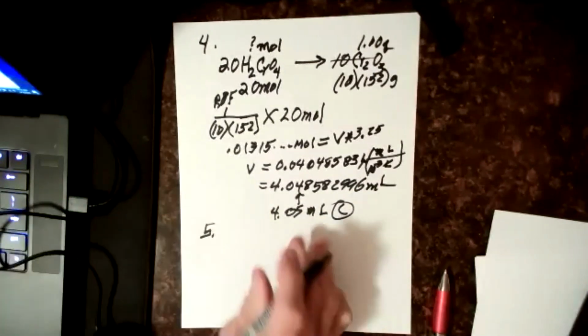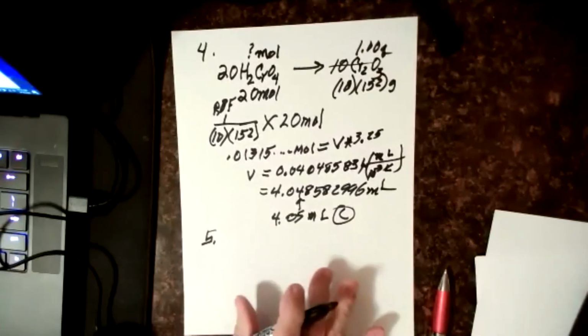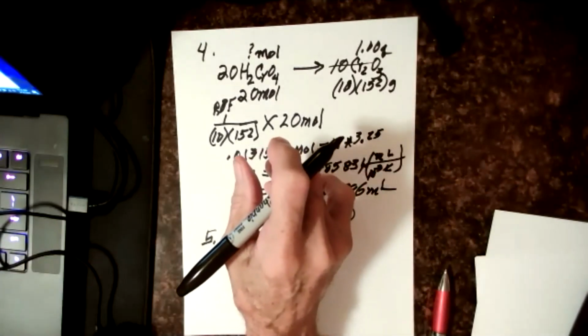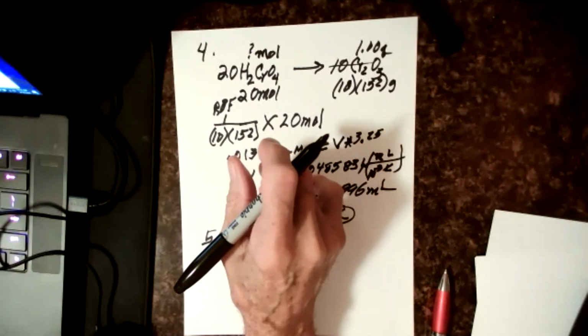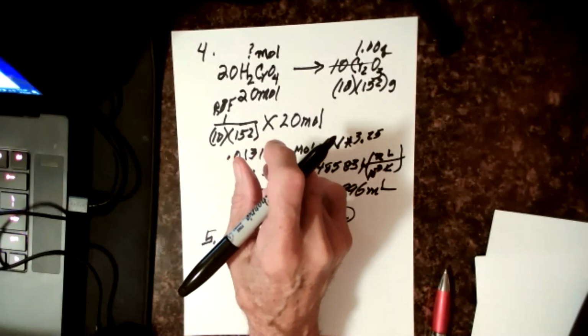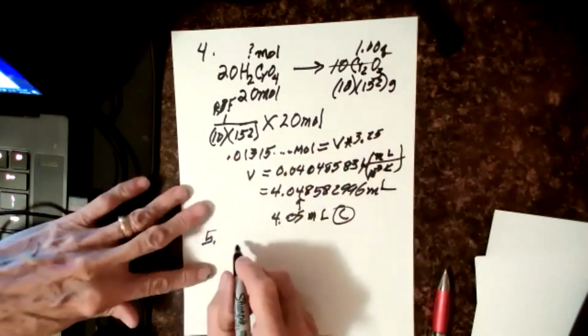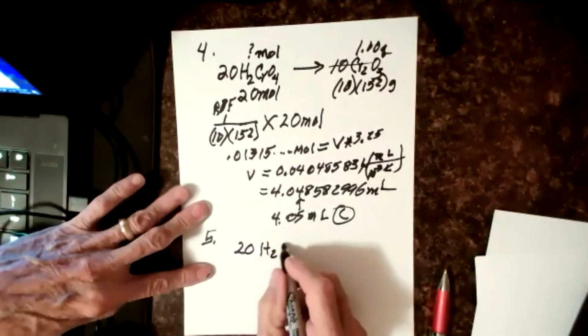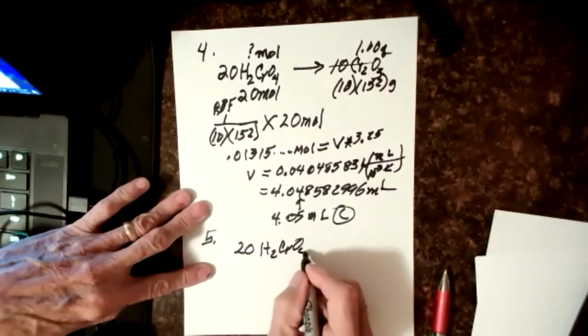Okay. All right. Number 5 is the same equation. It says what volume of some molarity chromic acid is required to make 1 liter of CO2 at some temperature and pressure. So the chromic acid, again, we've got 20 H2CrO4.